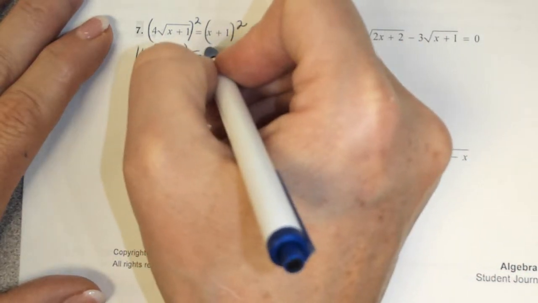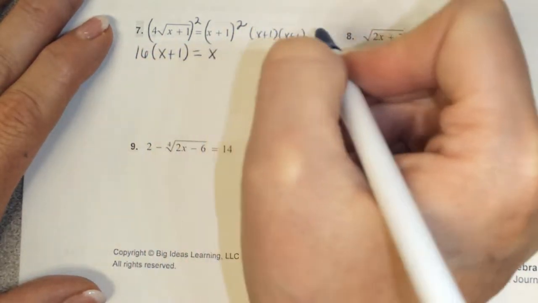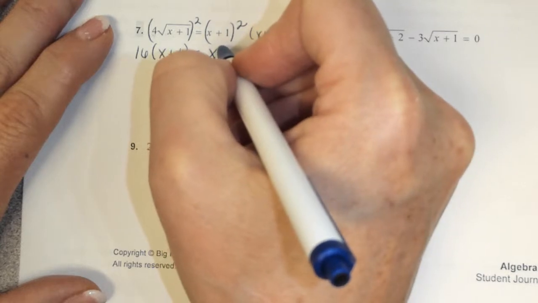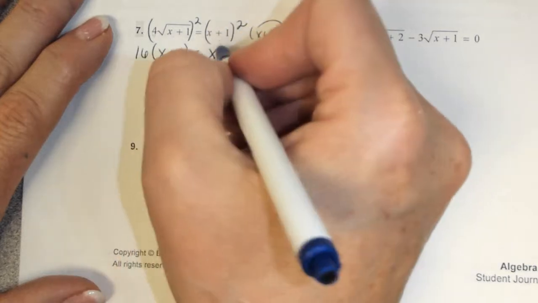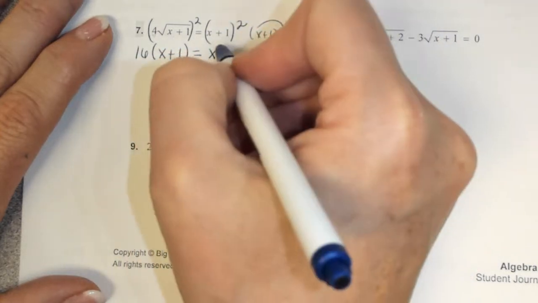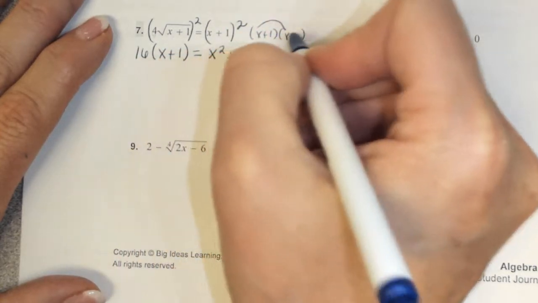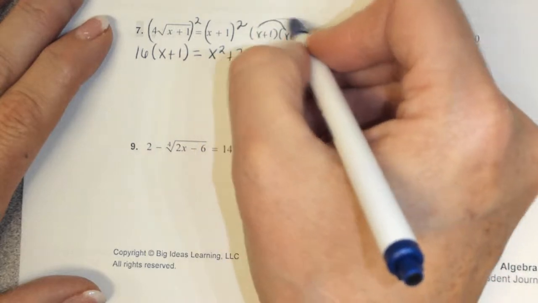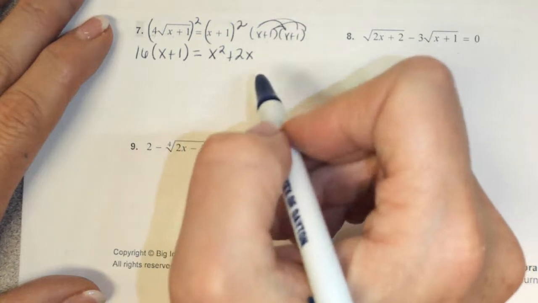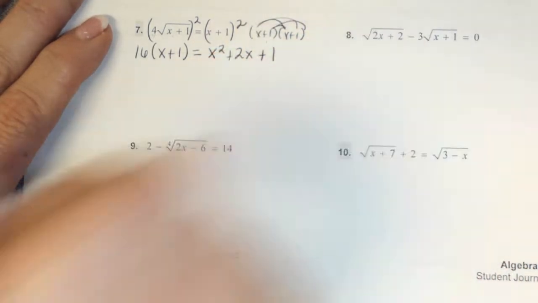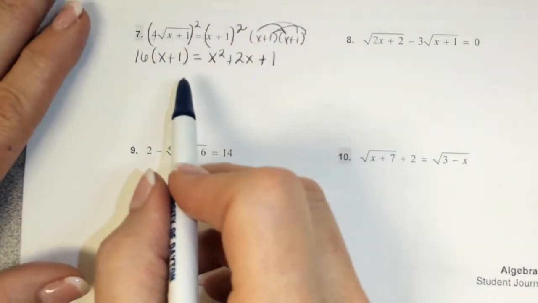It would be x squared plus, do this times this, x plus 2x. X squared plus 2x plus, sorry, plus 1. Plus 1, right. Okay. So that's what we get.